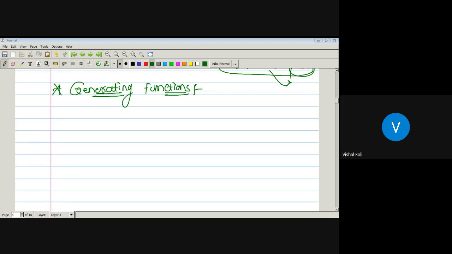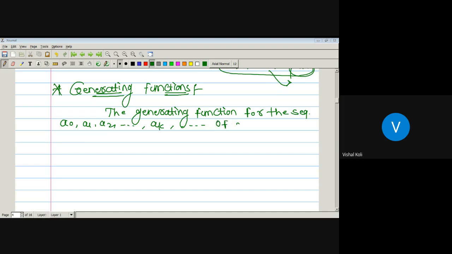The generating function for the sequence a naught, a1, a2, up to so on, some finite terms ak, and again so on. As it is a sequence, it has an infinite number of elements of real numbers.